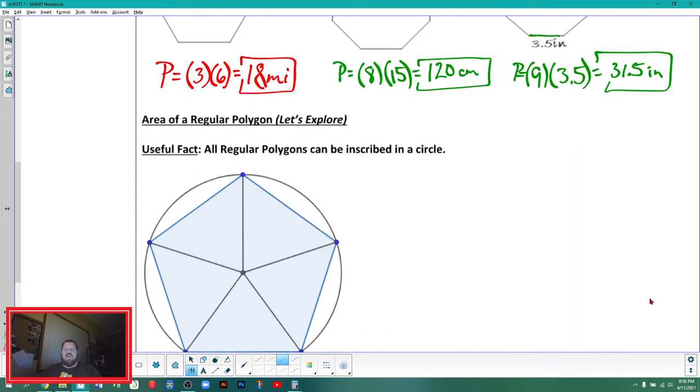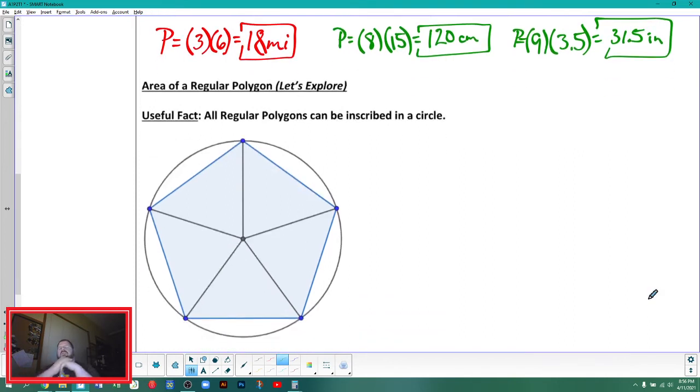Let's take a look at area. A very useful fact is that all regular polygons can be inscribed in a circle. I'll get to why that's useful in a little bit. So I have a circle that goes around a pentagon, so there's 5 sides.